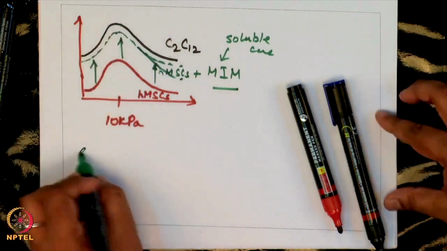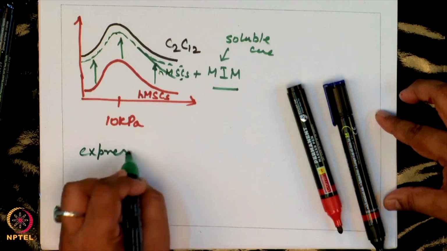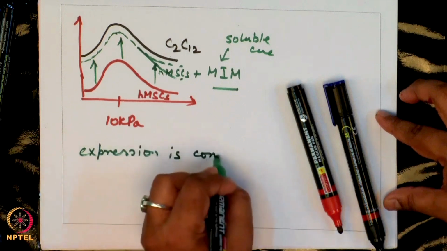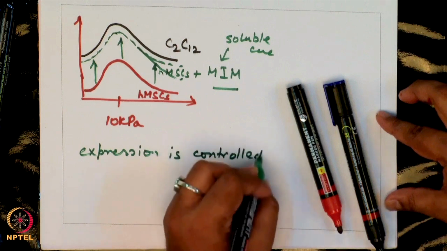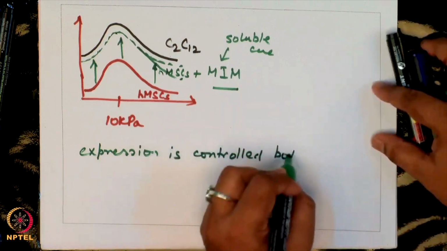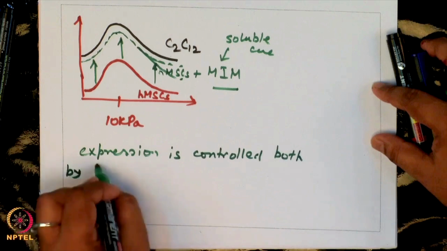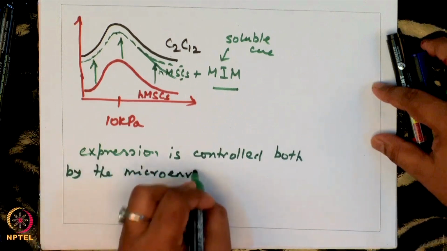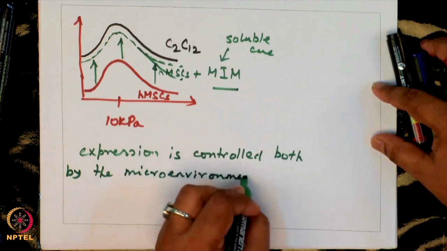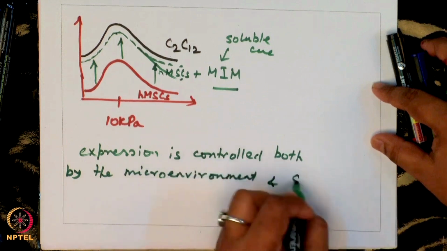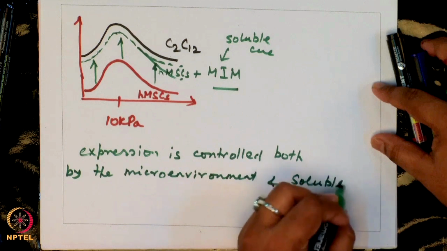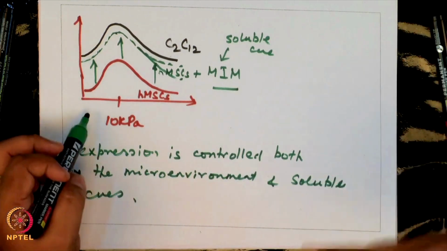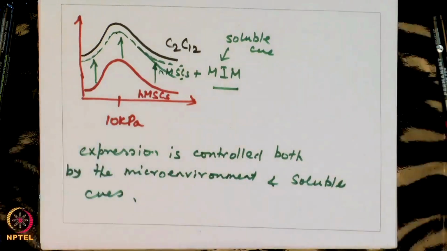So, this shows that your final expression is controlled both by the microenvironment and soluble ligands, soluble cues. Okay. So, this is an example where two signals had a synergistic effect.